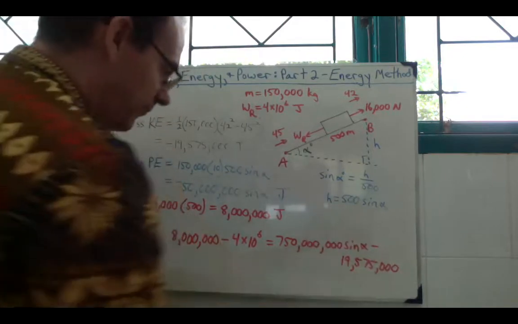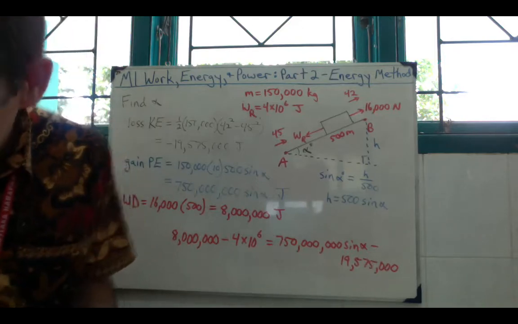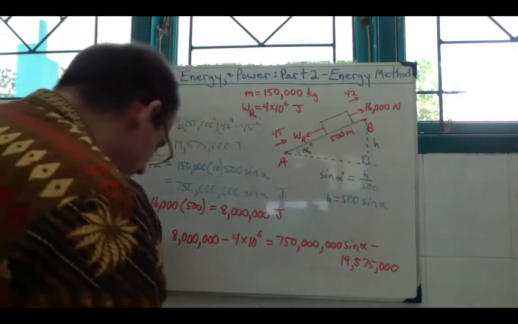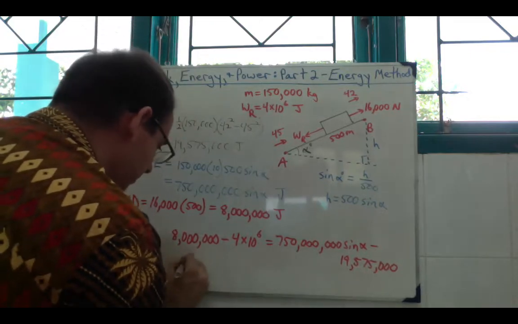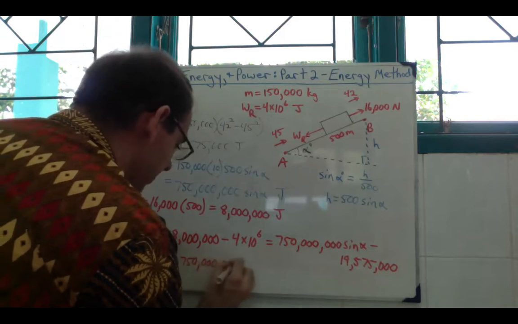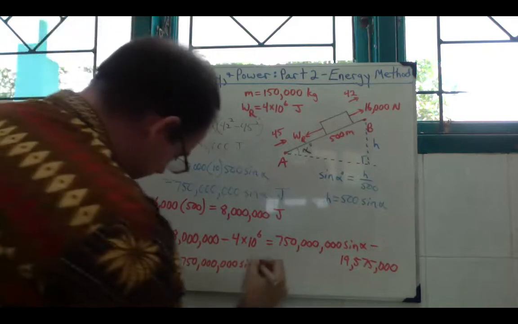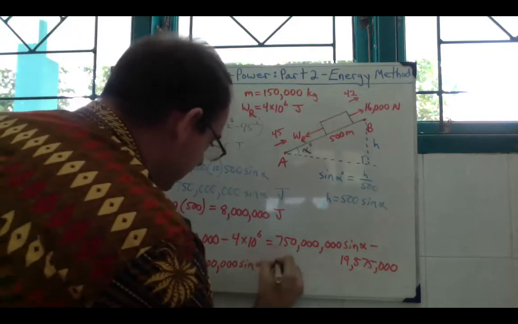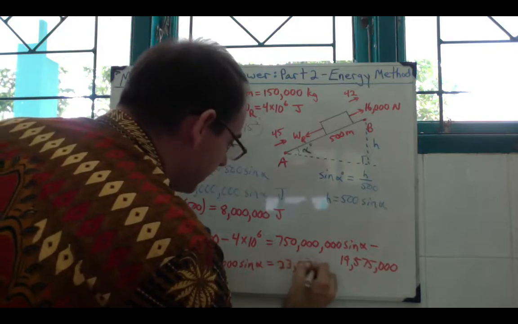So here's our alpha here. If we move this over to this side, and add this to the other side, we end up with 750 million sine alpha equals 23,575,000.